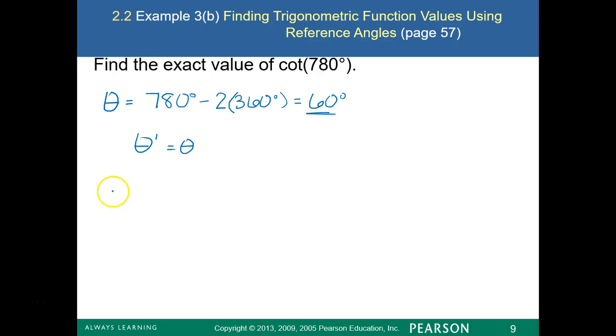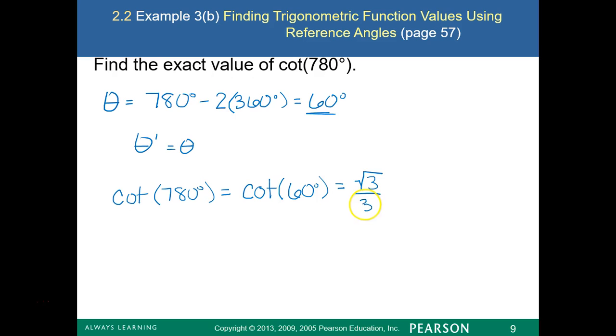So cotangent of 780 degrees is the same as cotangent of 60 degrees, and it's going to be positive because all function values in the first quadrant are positive. Look that up on your chart, and you should see that it equals the square root of 3 over 3. And we are done.